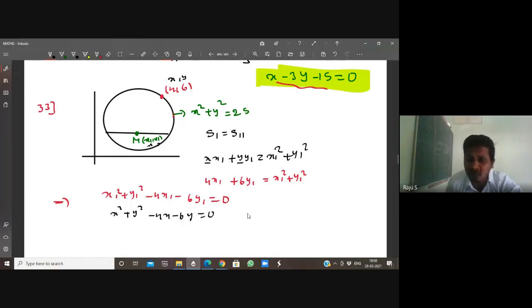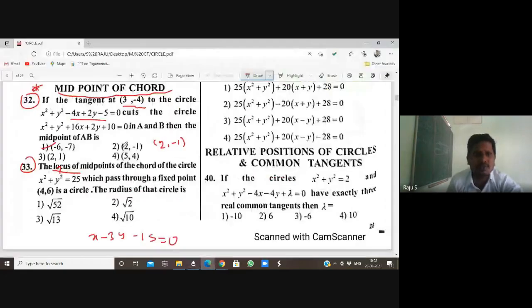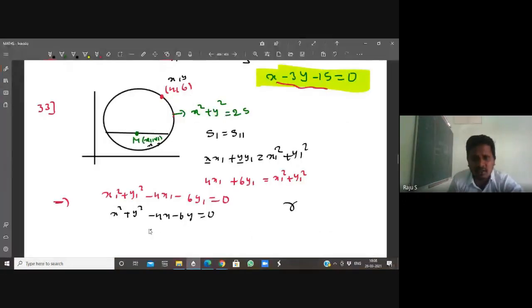What are they asking? They're asking for the radius of the circle. Radius means, first, what are the g and f values?